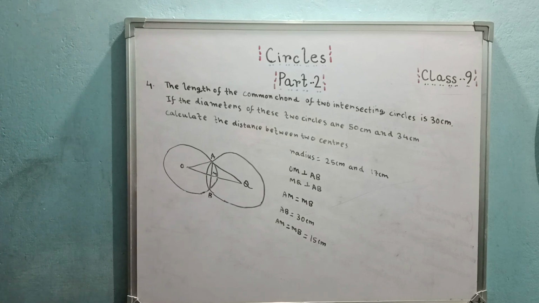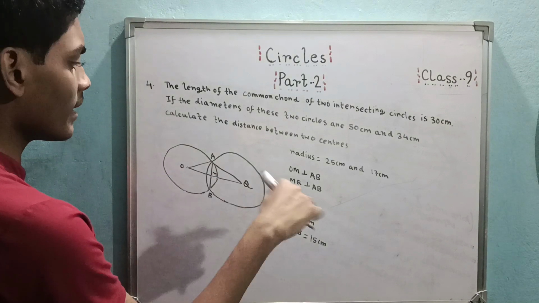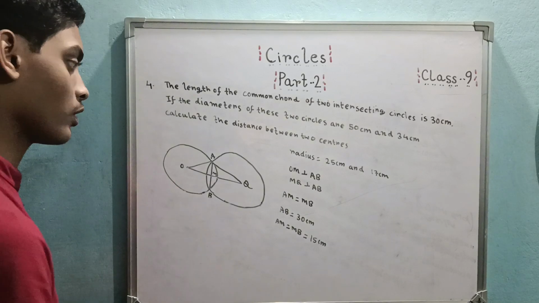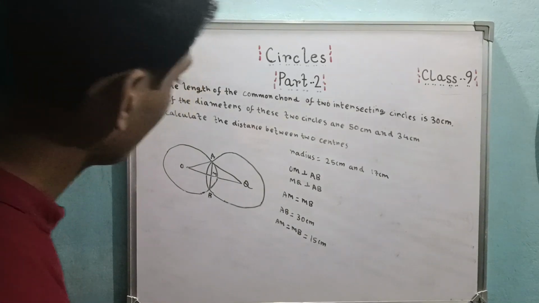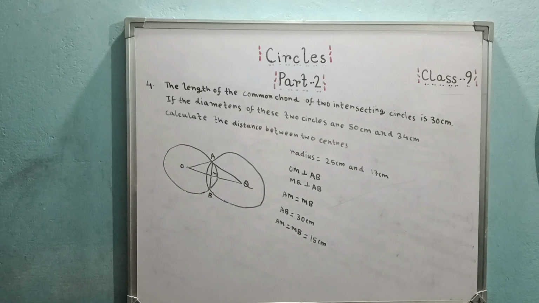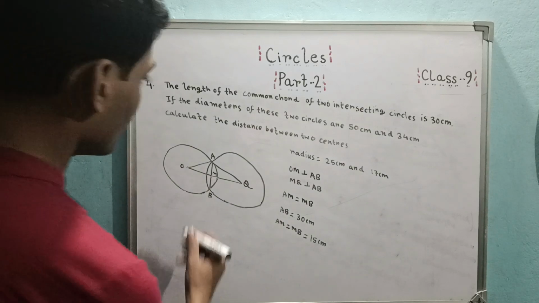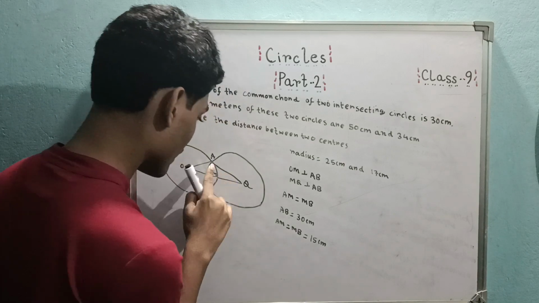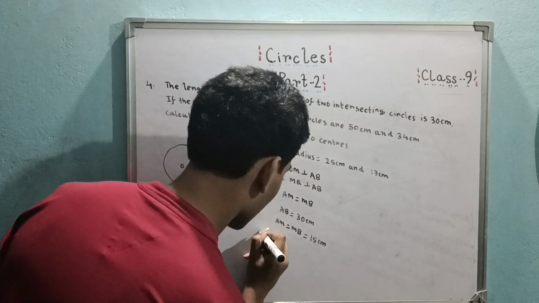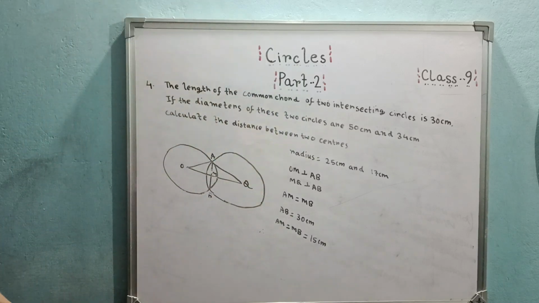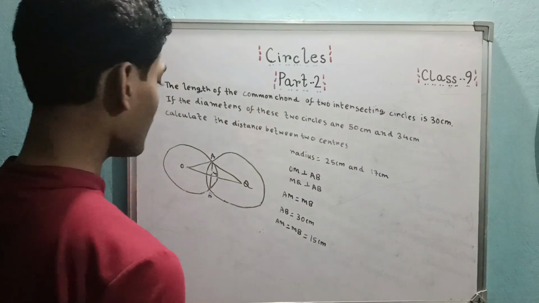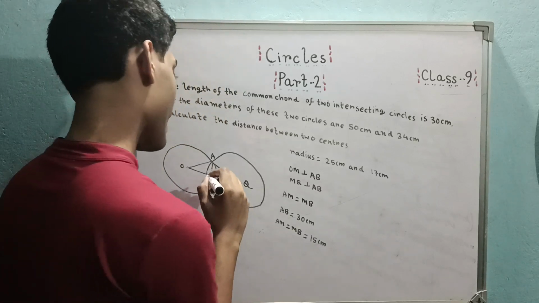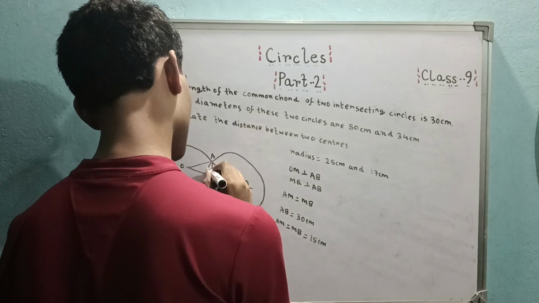Why is it getting divided, AM equal to MB? Because OM and MQ are dividing AB into two equal parts because they are perpendiculars on the chord AB, right? Then you have AM, which is 15. Now another thing, as AB is perpendicular to OM, this is the right angle.